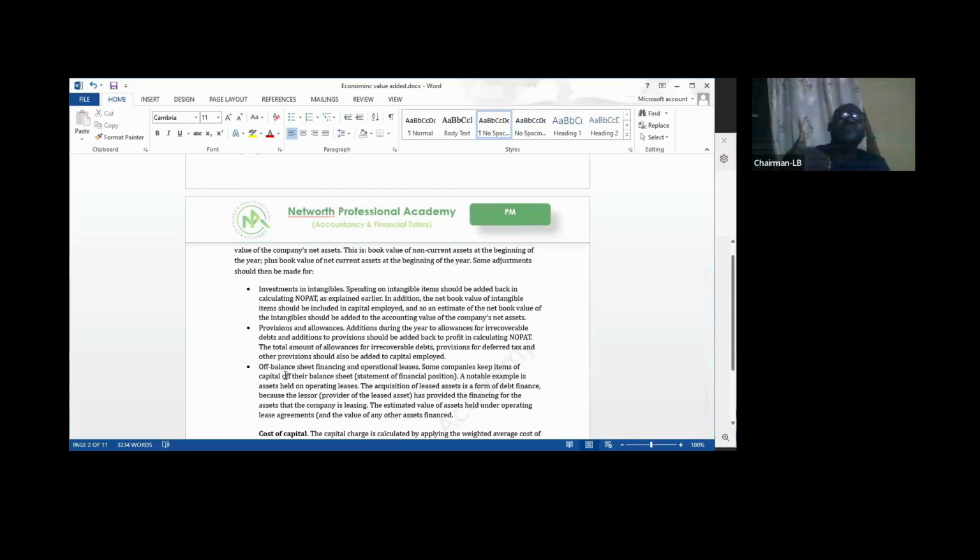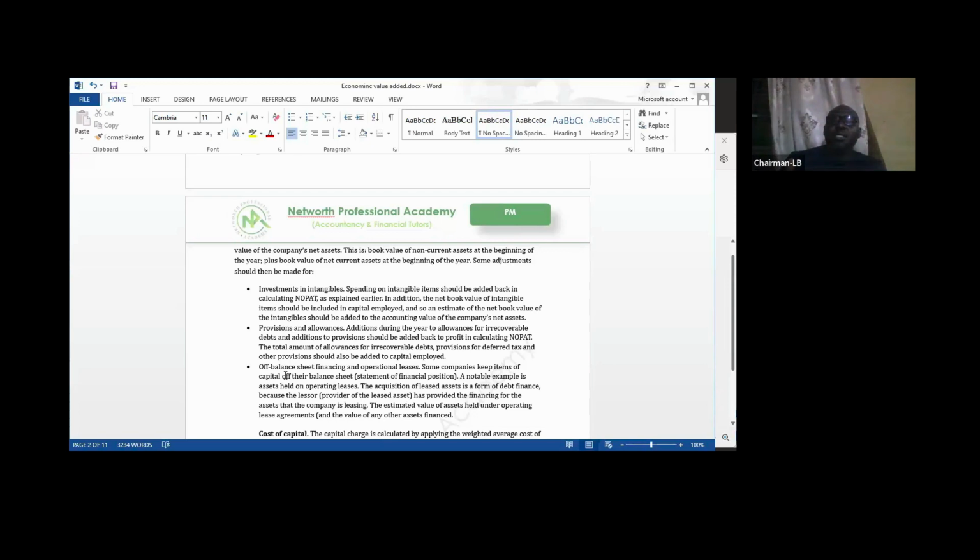Where a company has obtained an operating lease, although ownership is not transferred, but the company is using that asset for business, that asset is used to create wealth. That asset will be added as part of capital employed in the business.